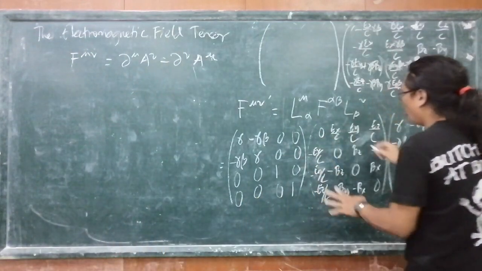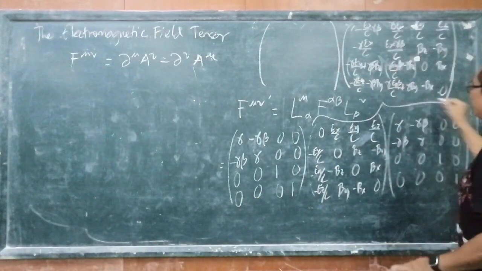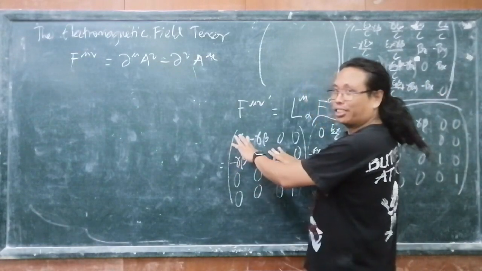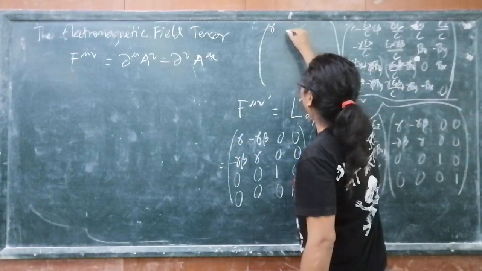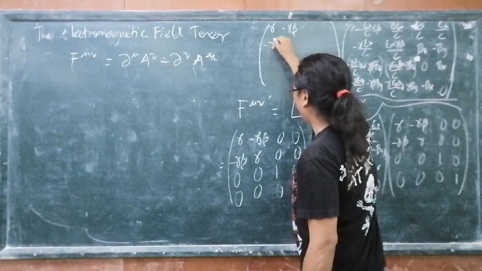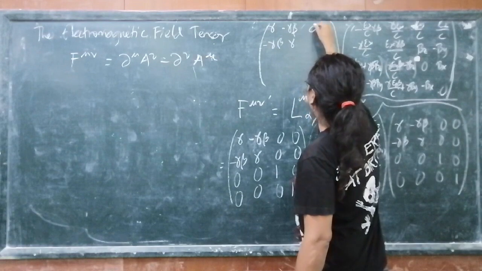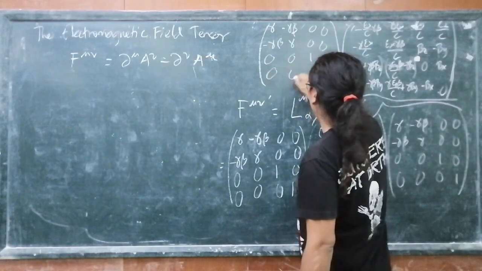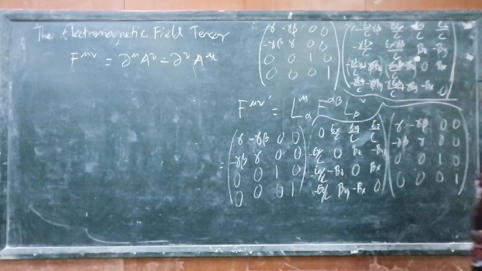Okay, so this whole thing here is this matrix times the Lorentz matrix again: gamma, minus gamma beta, minus gamma beta, gamma, 0, 0, 0, 0, 0, 0, 1, 0, 0, 0, 0, 1. Okay, this is a very good exercise, no?